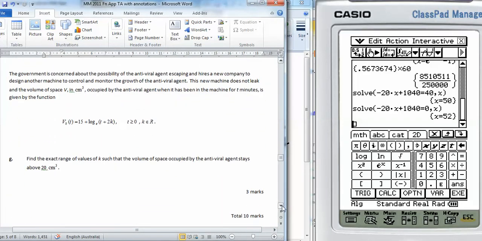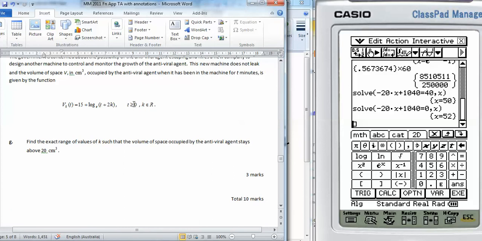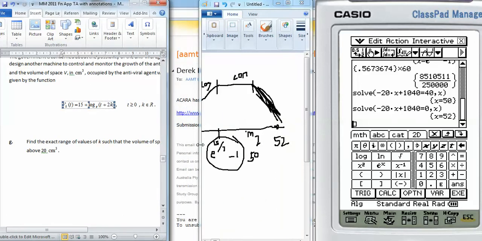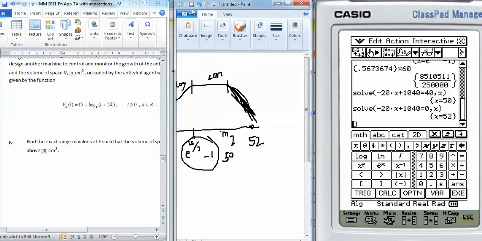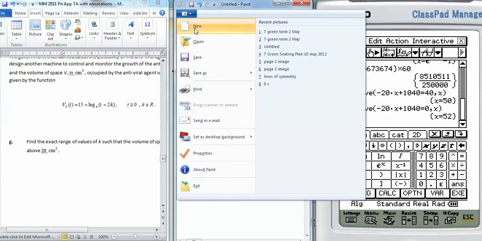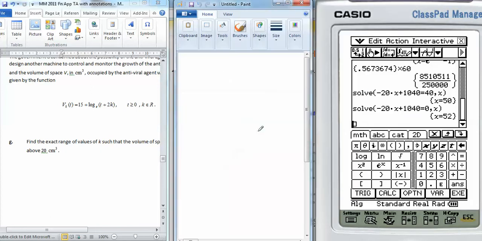Okay, the government says I now have this. Find the exact range of the values of k such that the volume of the space occupied by it stays above 20. Okay, this is a logarithm that has some sort of move to it. So let's have a little exploration of what the logarithm might look like.